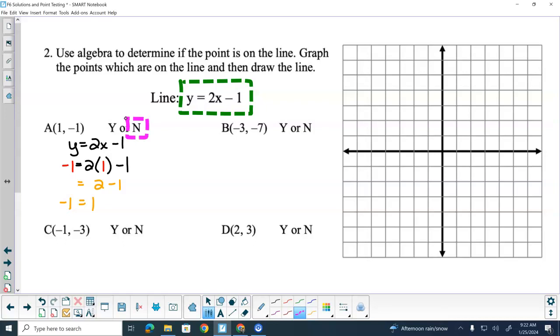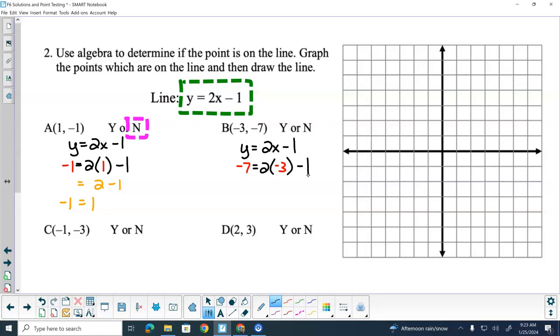Okay, let's go to point B. Point B says I need to check and see if that goes into y equals 2x minus 1. My y value is negative 7. My x value is negative 3. 2 times negative 3. I didn't do the negative part.